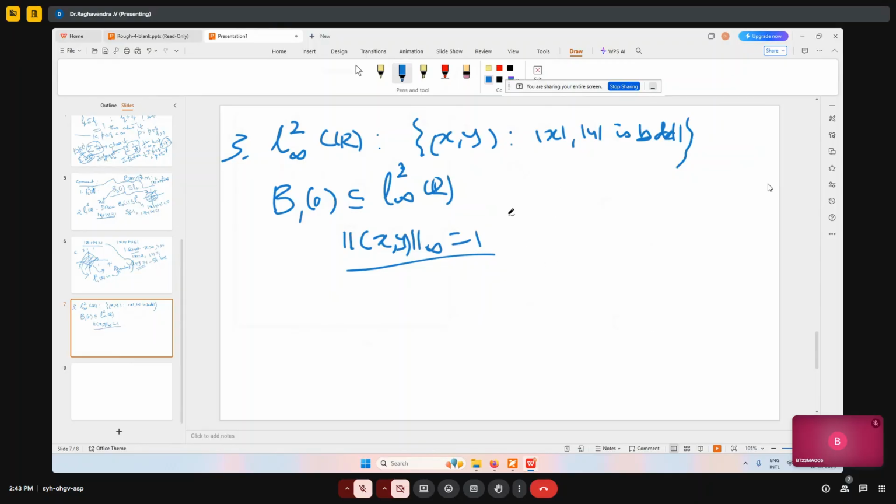Okay. What is this one? This is supremum of mod x, mod y. That is the maximum or supremum equal to 1. Okay. As usual, what do you think this supremum means? Huh?